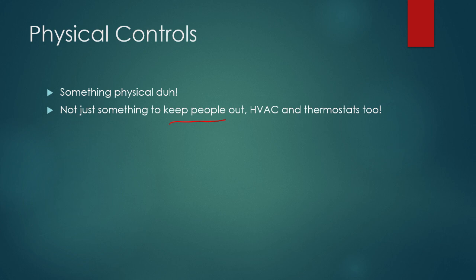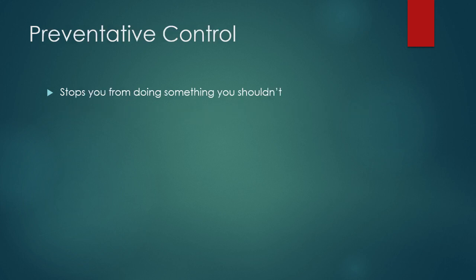So those are all of the control types, and now we'll look at the categories. The first category is a preventative control. So a preventative control stops you from doing something that you shouldn't. So the preventative control can be physical, like a door lock, an access control system, or it can be logical.